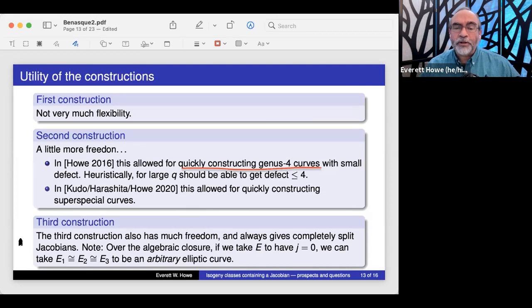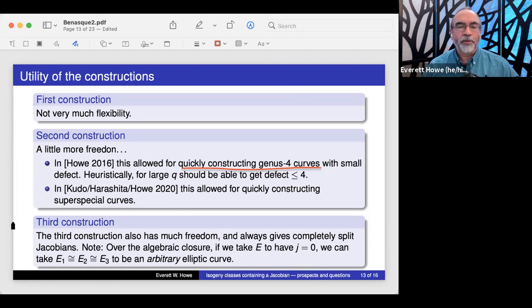And the third construction also has a lot of freedom, and it always gives you completely split Jacobians. And it has an interesting property that if you're working over the algebraic closure, if you take the bottom curve to have j equals 0, it turns out you can take the other 3 elliptic curves to be the same elliptic curve that can be anything you want, and you can fit it together in the diagram.